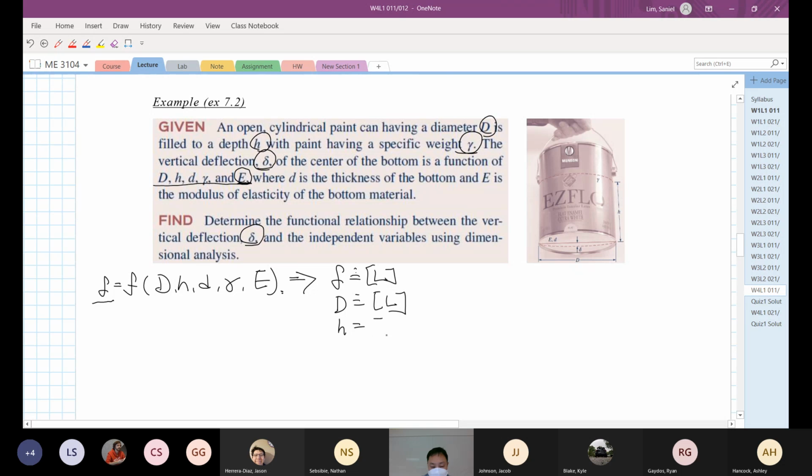H, we have an L again, D, which we have L again. Then we have specific weight, which is F L to the minus 3. Of course, you can just put rho g and put the units, and you will figure out what you have here. If it is the MLT system, you will see it's M L to the minus 2, T to the minus 2.